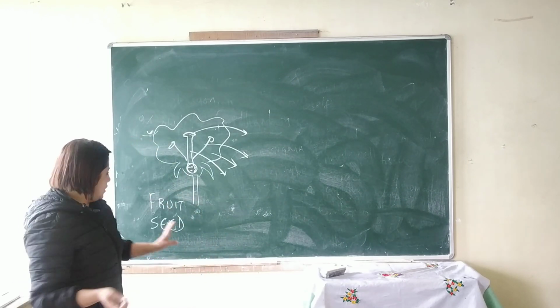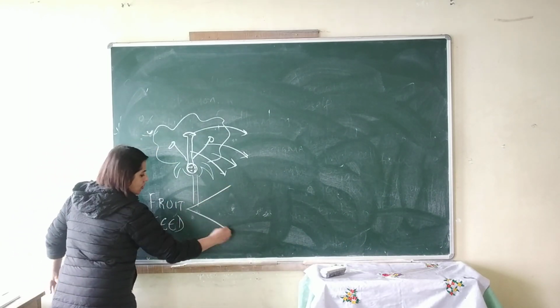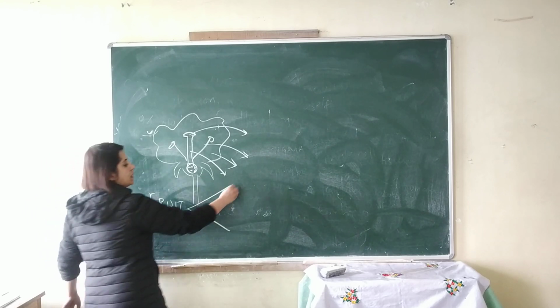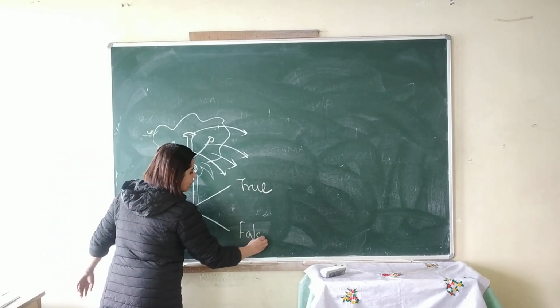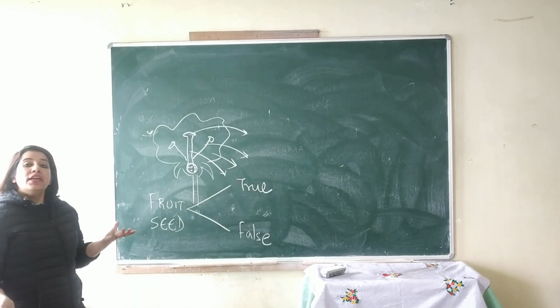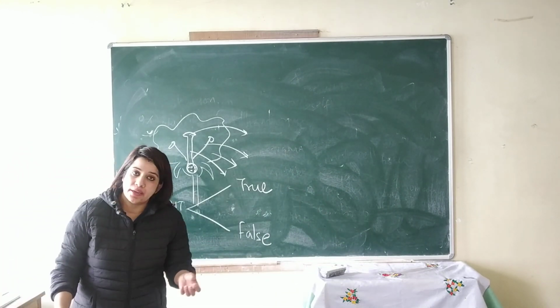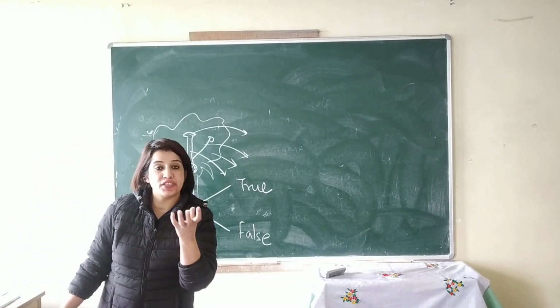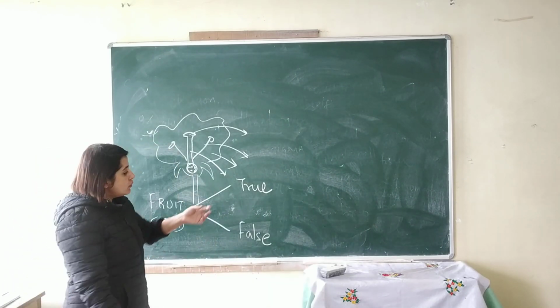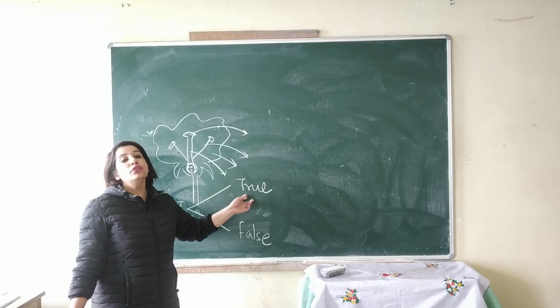Now a fruit may be a true fruit or a false fruit. If the ovary becomes fleshy and forms the fruit, the edible part of the fruit, then we call it the true fruit.